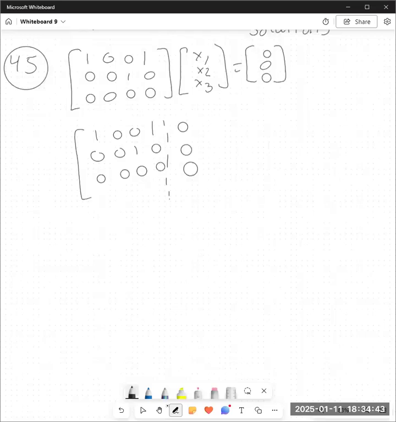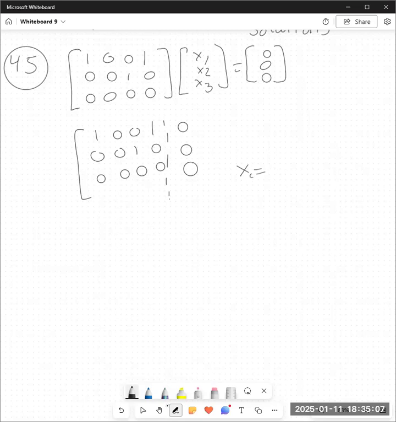So looking at each column, I don't see a 1 in column 2, meaning that x2 needs to be a parameter. I also don't see a 1 for column 4. There's a 1 here, but there's not a 1 down here that leads column 4.